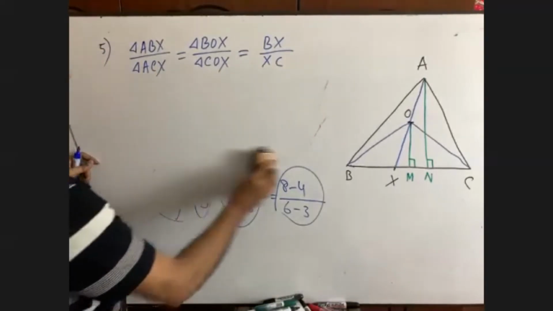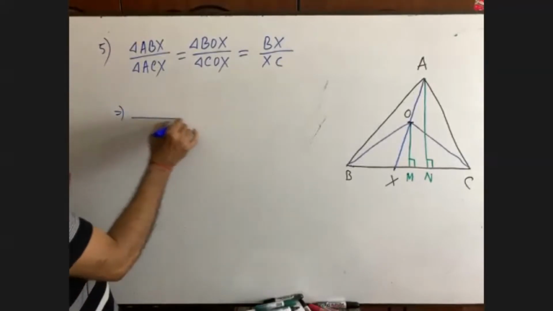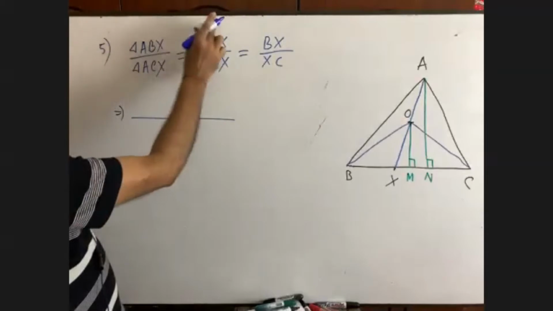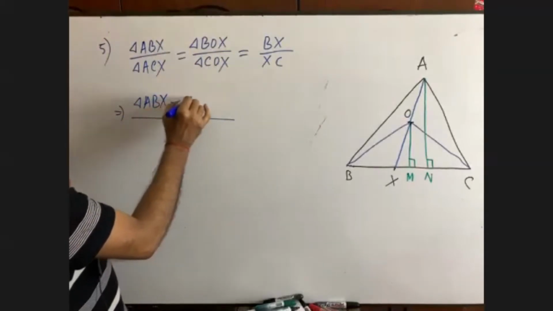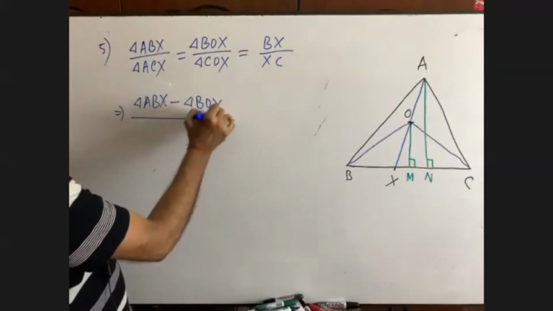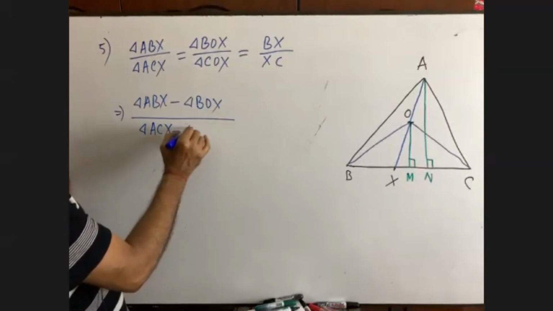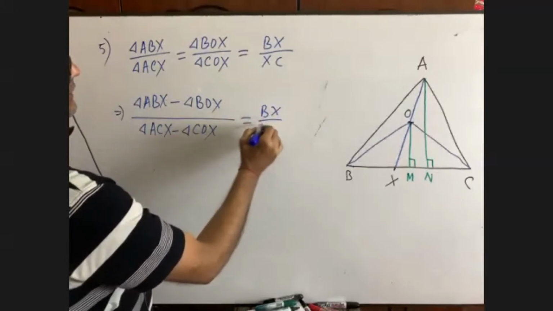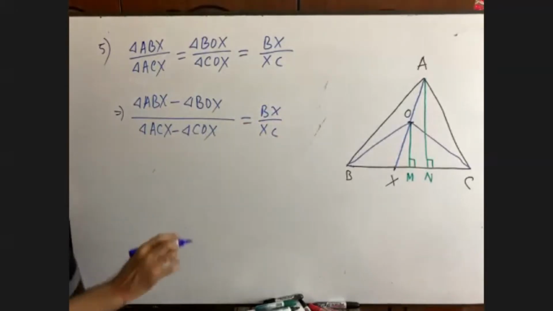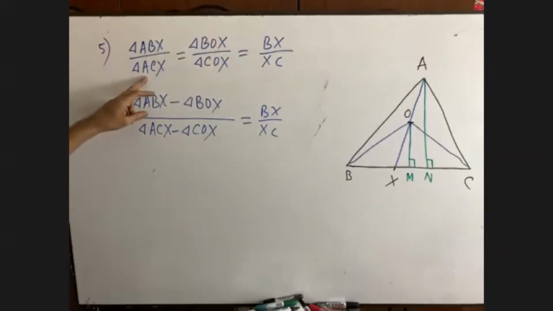So what we can do here, you see, all of you, we can write here this numerator minus this, that is triangle ABX minus triangle BOX by triangle ACX minus triangle COX. Can you please let me know where you have failed to understand? This minus this by this minus this. Okay?